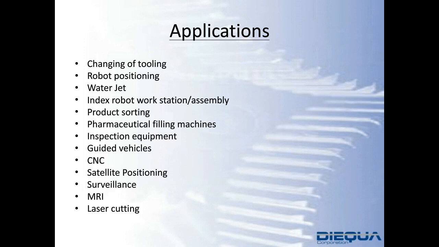I think the first slide we started off with was a rack and pinion design to allow you to zip back and forth in a linear iteration. We also discussed robot positioning and how that could be facilitated by a compact robot flange solution.